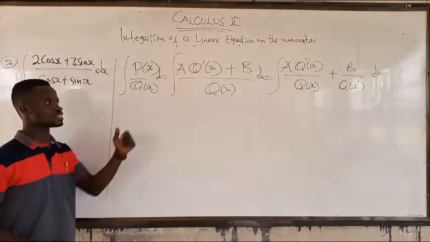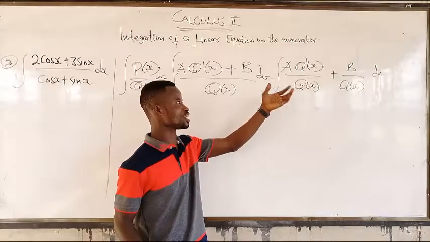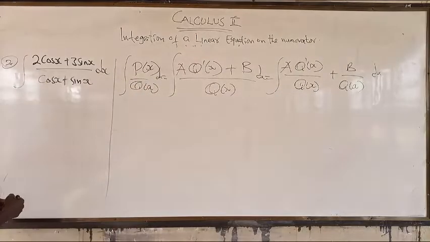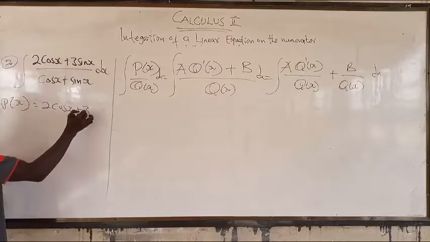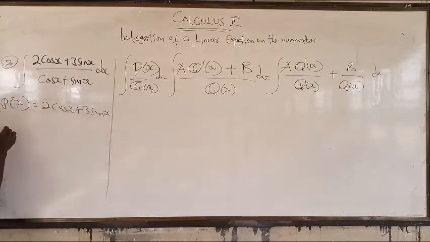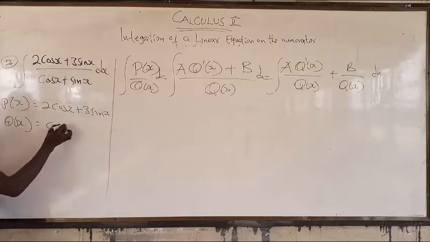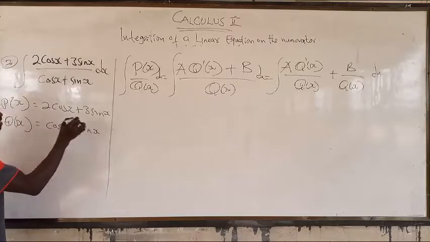So you can see that from the expression that we have here, the first thing to do is to identify that our P of x is 2 cos x plus 3 sin x, and our Q of x is cos x plus sin x.